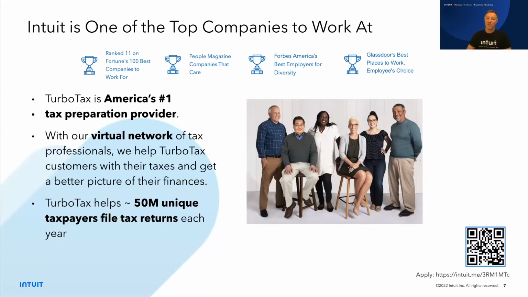Just this year, Fortune magazine ranked us at number 11 on their 100 best companies to work for in the US. Over 7,500 companies are surveyed on the best place to work index for Fortune's 500 best. And out of those 7,500, we ranked number 11. It has to do with a lot of things.